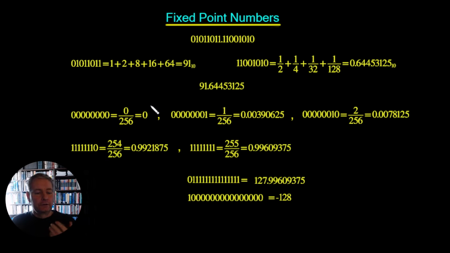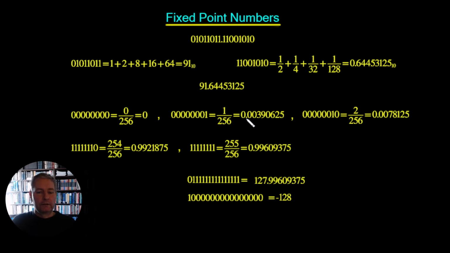So let's look at it in just a little bit more detail. If we were to have the fractional values here, so these are the 8 least significant bits, if they were all zeros, then this would represent 0, which is just the number 0. Now the next number up is going to be the value of 1. So that would be 1 upon 256, which is this number here.